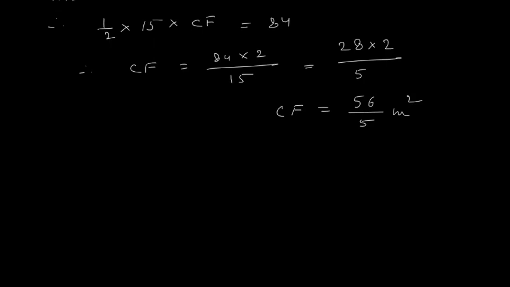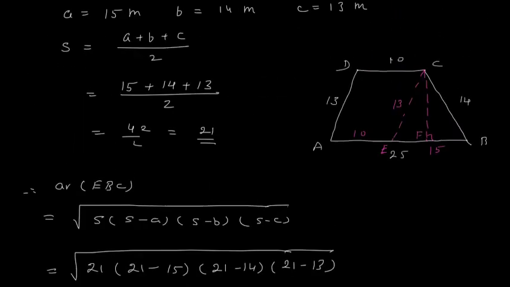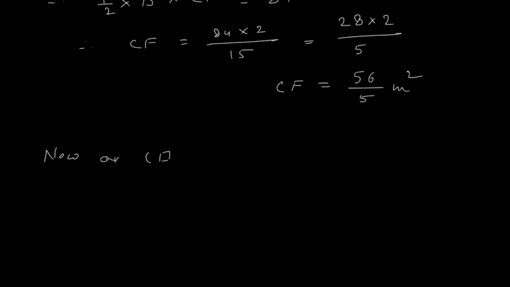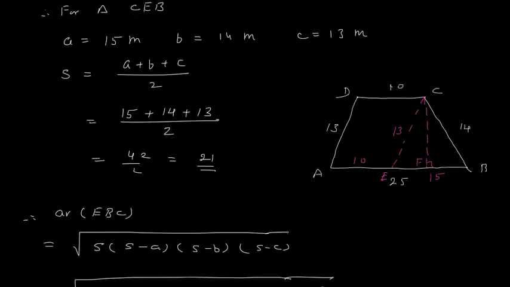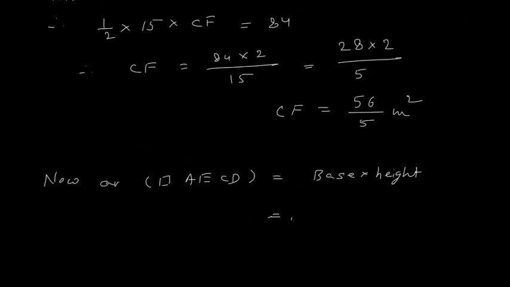Now area of parallelogram AECD. For a parallelogram, area is base into height. Here base is AE, which is 10, and height is CF.